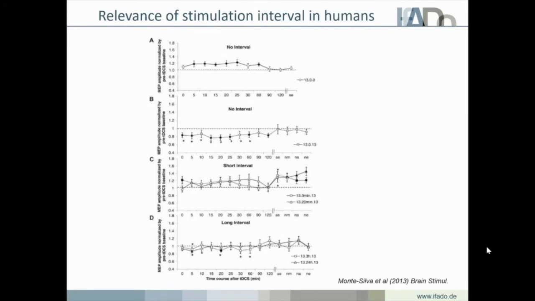In humans, the first study to use this repeated stimulation technique to induce late phase LTP-like plasticity was the Monte study in 2013.